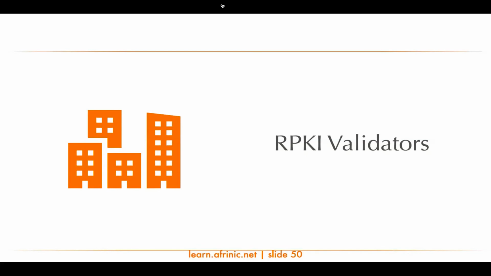AFRINIC here is the certificate authority, as are ARIN and all of them. All the certificates are managed by the various Regional Internet Registries, and because all of these registries are tied to IANA, that is where the trust comes from. And that's how the resilience is managed throughout the global routing table.